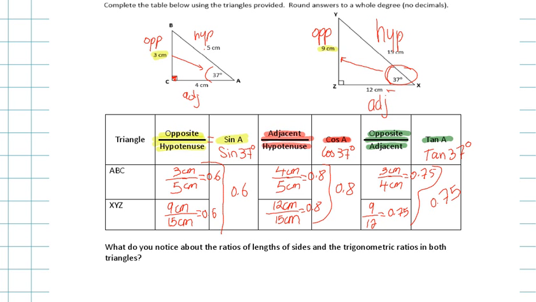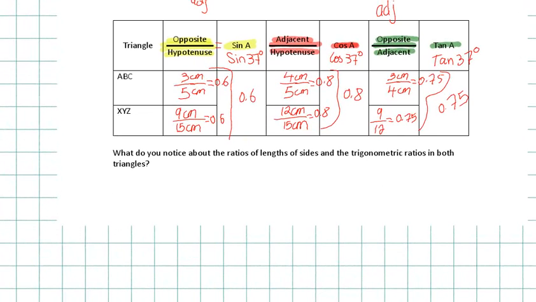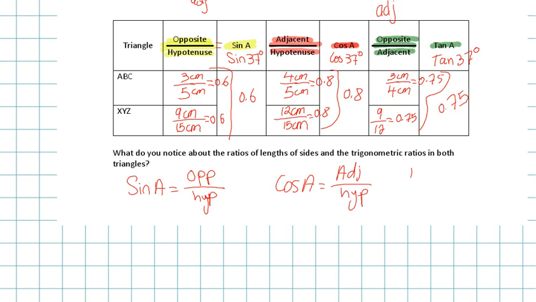Whenever I have a right triangle, I can use: sine of the angle is equal to the opposite over the hypotenuse; cosine of the angle is equal to the adjacent over the hypotenuse; and tan of the angle is equal to opposite over adjacent.